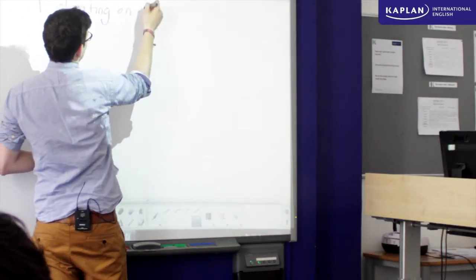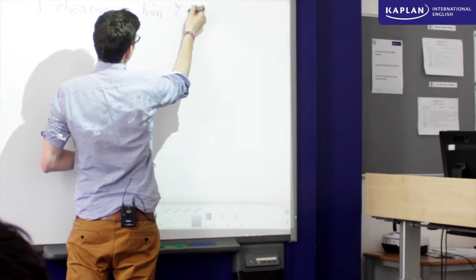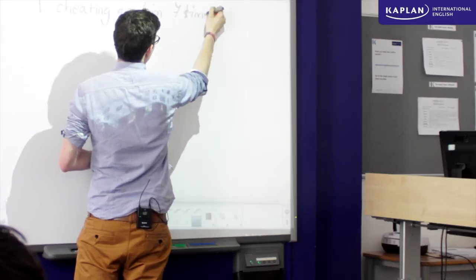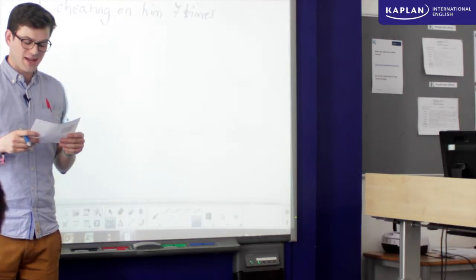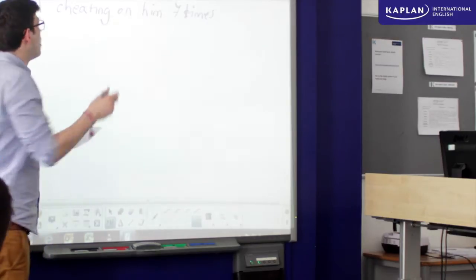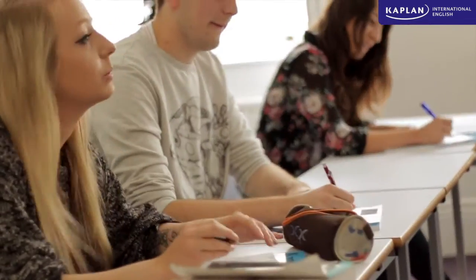Okay, so for question 1, what do you think? Yes. What was the preposition after cheating? Cheating on, yes. Good. Number 2, he believes they're having a full-blown.